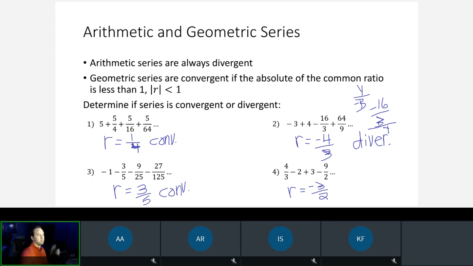We are multiplying by -3/2 every single time. So 4/3 times -3/2 gives us -2. -2 times -3/2 gives us +3, and so forth.